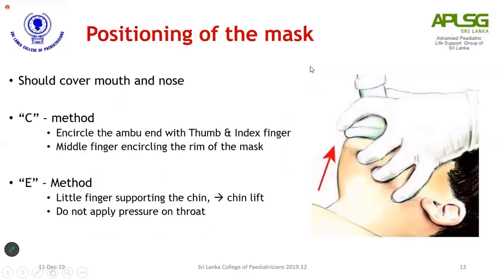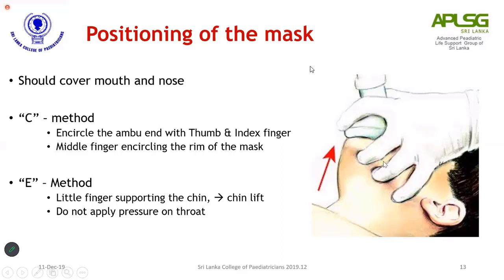Positioning of the mask is done by using the C and E method as shown on this picture. The mask should cover both nose and the mouth, and you can use one hand in the form of the C and E method. Your index finger and the thumb are holding the mask tightly in the form of a C letter on the alphabet, while the other three fingers of your hand in the form of an E letter are holding the jaw, like in a jaw thrust maneuver.